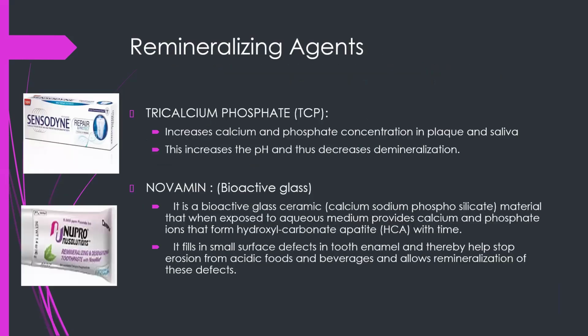Then you have other remineralizing agents such as tricalcium phosphate, which, just like CPP-ACP, increases calcium and phosphate concentration in plaque and saliva, thus increasing the pH and decreasing demineralization. Bioactive glass, available as Novamin, when exposed to the aqueous medium in the oral cavity, provides calcium and phosphate ions that form hydroxycarbonate apatite with time.